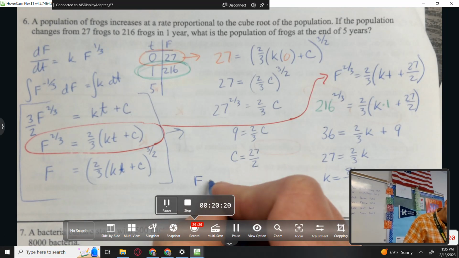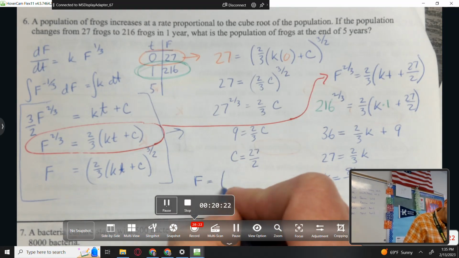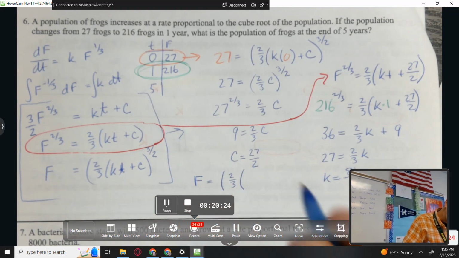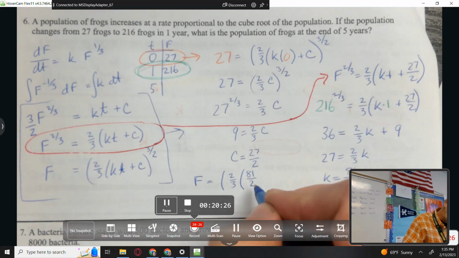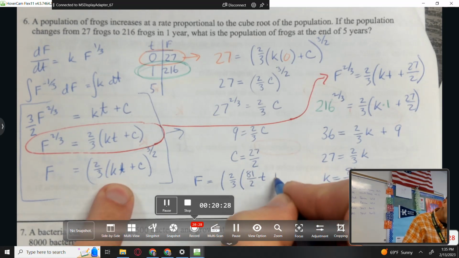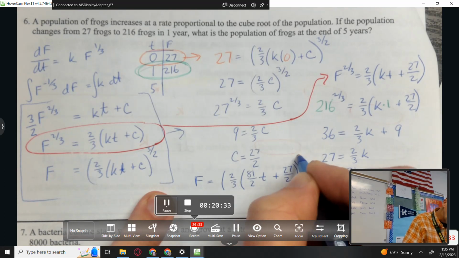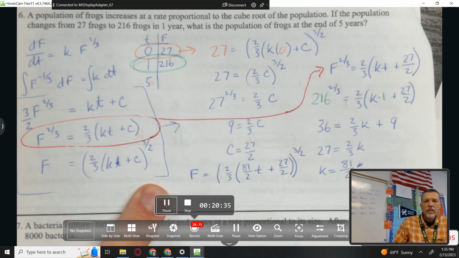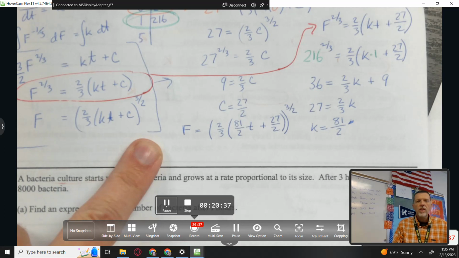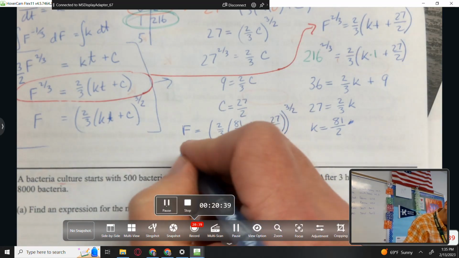So my F is, and I bet this will simplify, 2/3 times 81 over 2 t plus 27 over 2. It's a lot of fractions, but look what happens. This was a rigged problem.